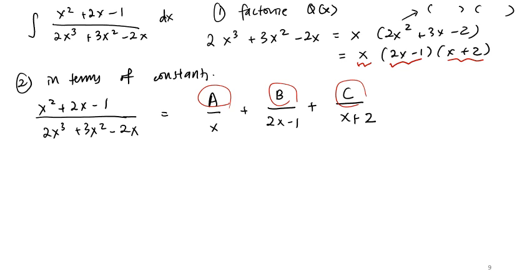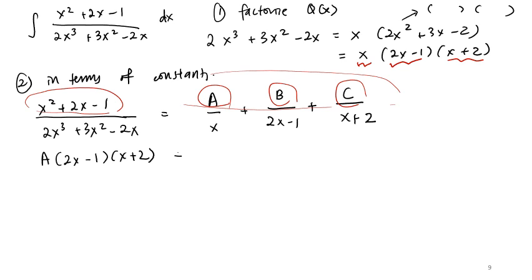Now the next step is to determine the constants a, b, and c. How do we determine the constants? We set up a system of equations, because this numerator should be the same as the original numerator. So you know how to get to the common numerator: a needs to be multiplied by 2x minus 1 and x plus 2, plus b multiplied by x and x plus 2, plus c multiplied by x and 2x minus 1.